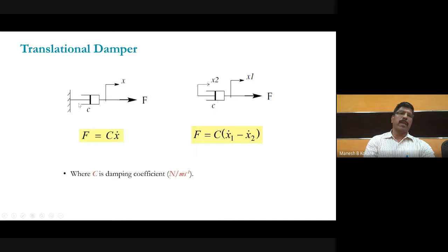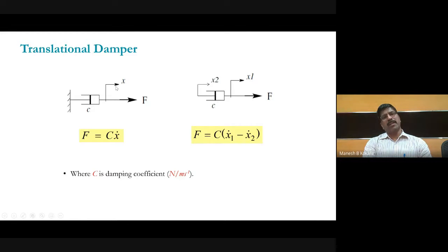Now, there are two ends of this dashpot: the left-hand end and the right-side end. If the left-side end is at a reference or fixed, and you apply a force, only the right-side end will get displacement.